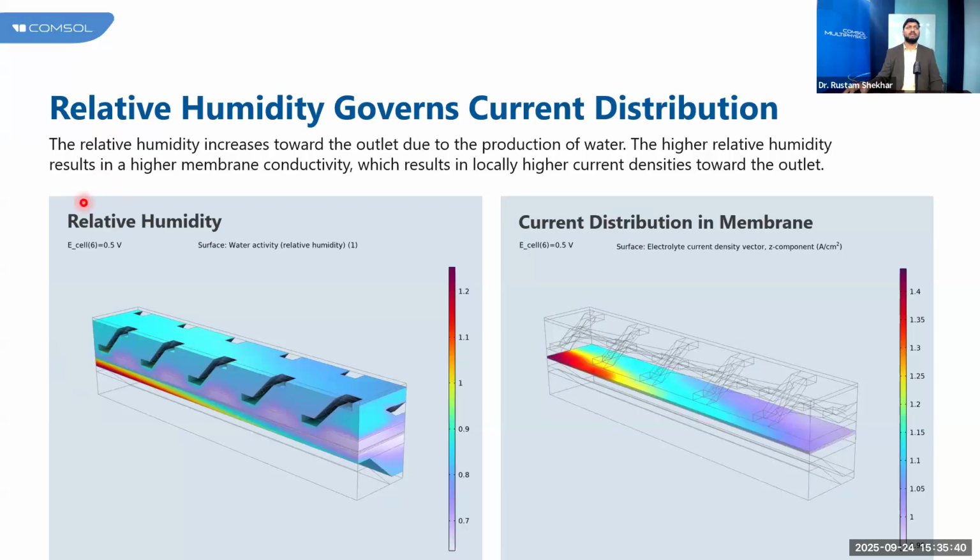Now we can see RH, which is relative humidity, changing along the flow correspondingly. When RH is going high, the current distribution is also changing in this particular direction. When we get these kinds of insights from simulations, then we know how we have to operate it, and how we will move towards improvement of the cells.